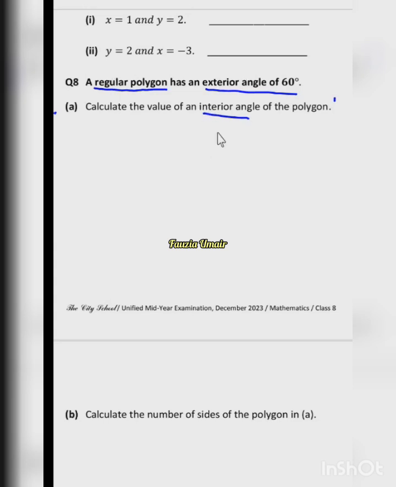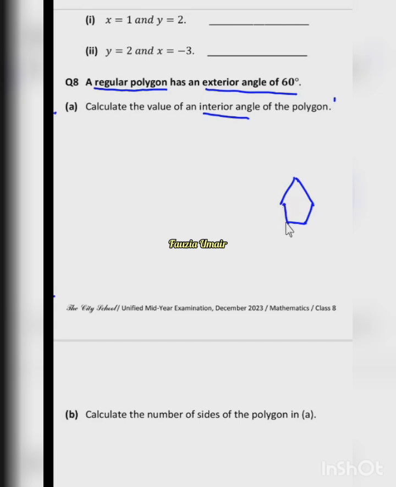Anyone can tell me? What about Hanan? Hanan, can you recall the relationship between exterior angle and interior angle in a polygon? Ma'am, do we have to do 180 minus 60? That's right.